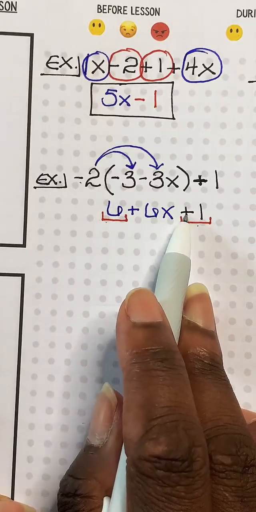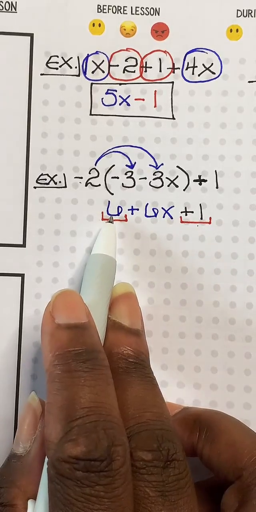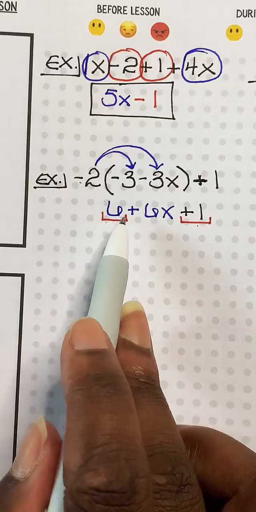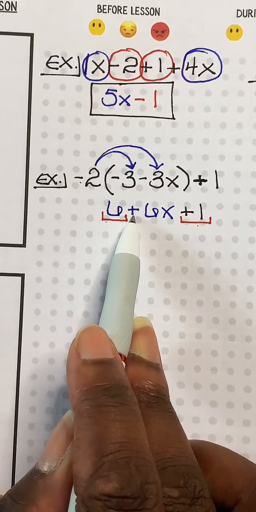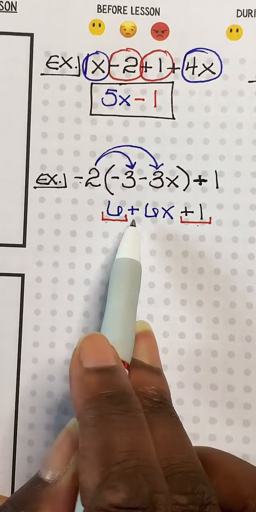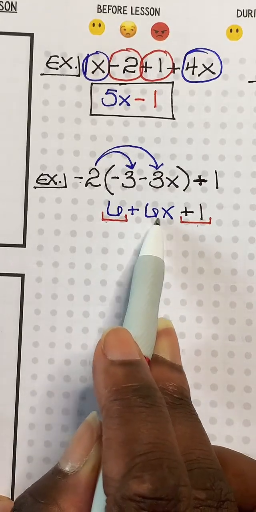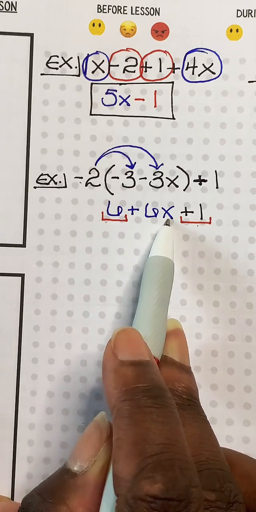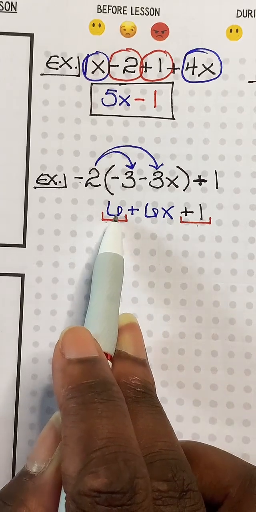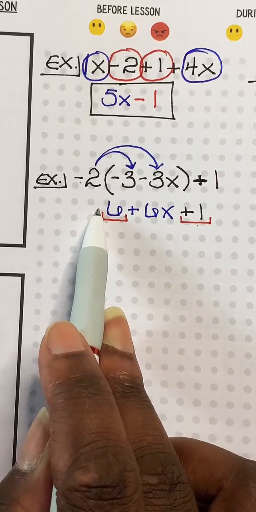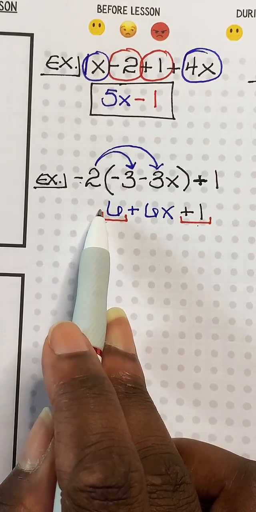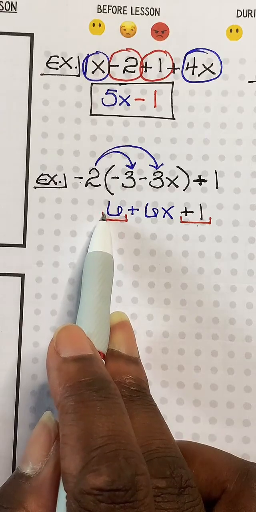This one you can see with the +1, but this is the part that gets a lot of you guys. The reason why this 6 is positive is not because of this plus sign. That plus sign is attached to the 6x. I know that this is positive because over to the left of it, I don't see a minus sign. So there's no signage there, so that means this is going to be positive.